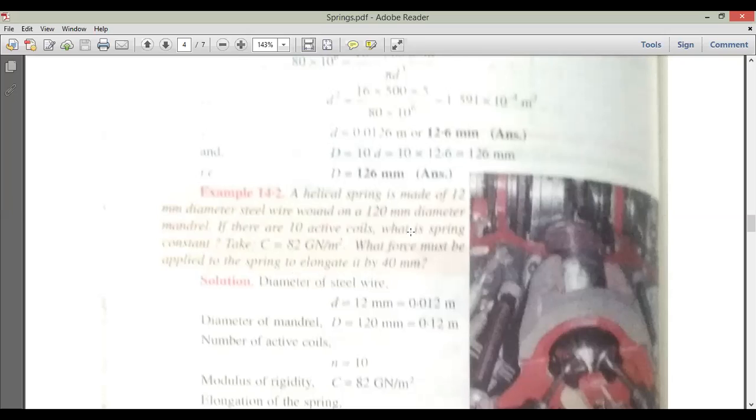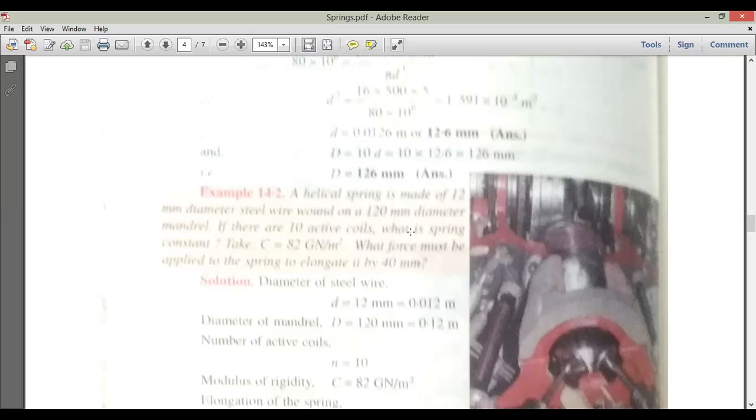So 120 is the internal diameter of the spring, and 12 millimeter is the diameter of wire. Adding 12 plus 12, 24 both sides, so 120 plus 24 will be the external diameter or mean diameter of the spring.